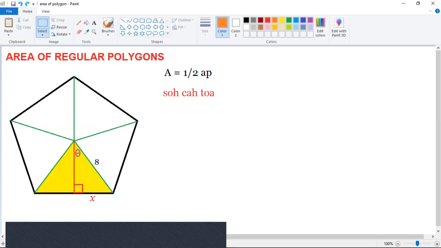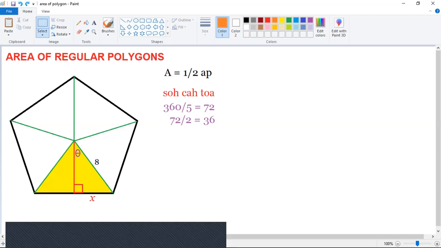There are 5 triangles, so we can do 360 divided by 5. We have 72. Each of these angles measures 72 degrees, but we need only half of it, which is the mark theta here. So we divide the 72 by 2, we get 36. This theta is 36.